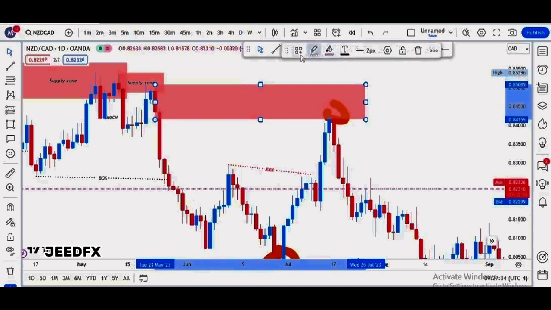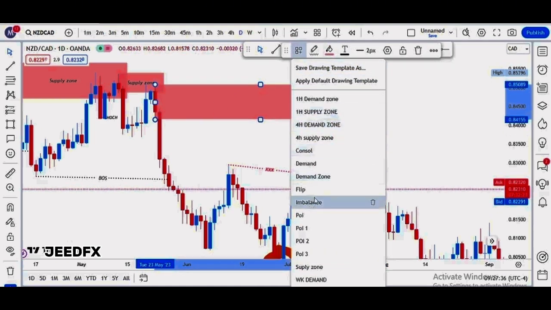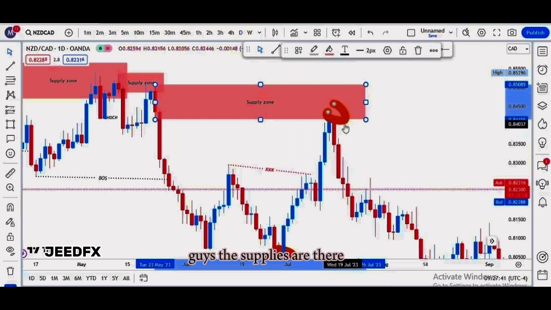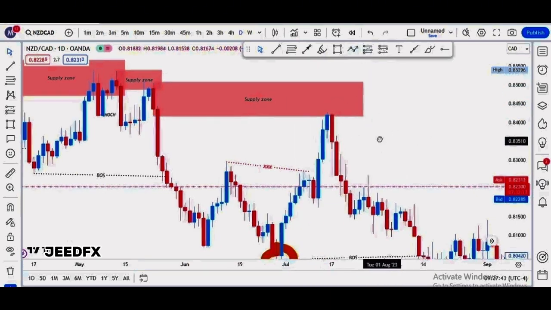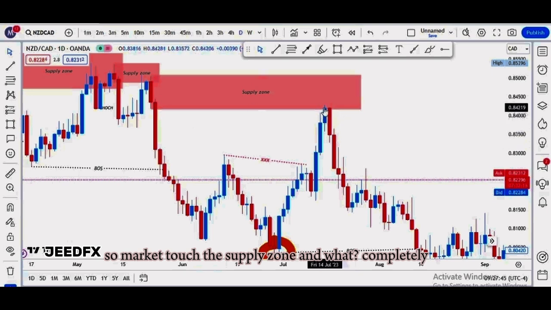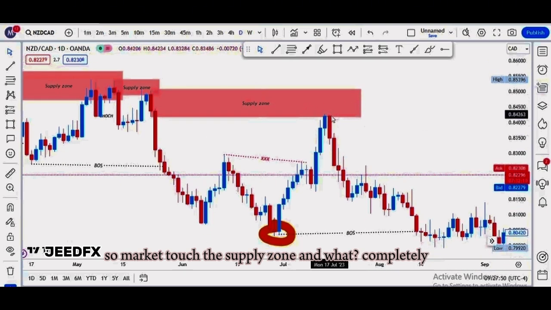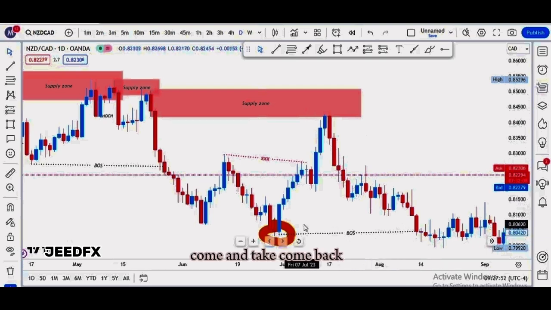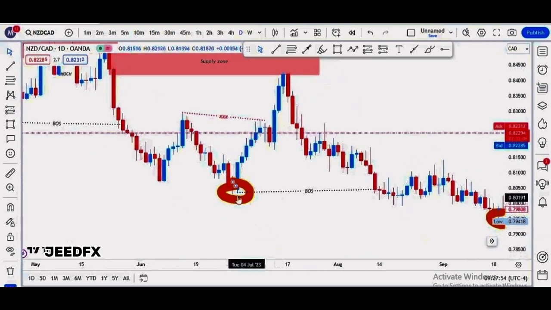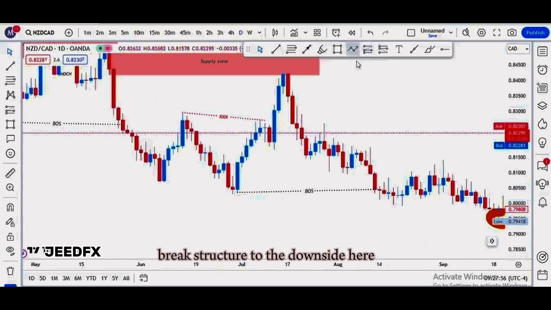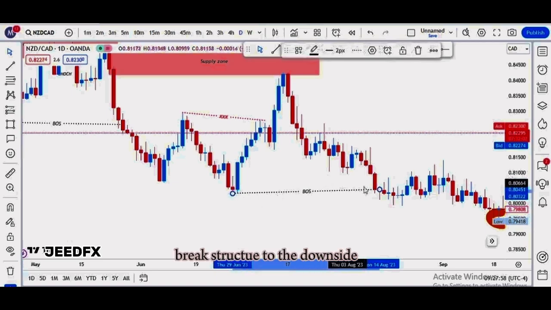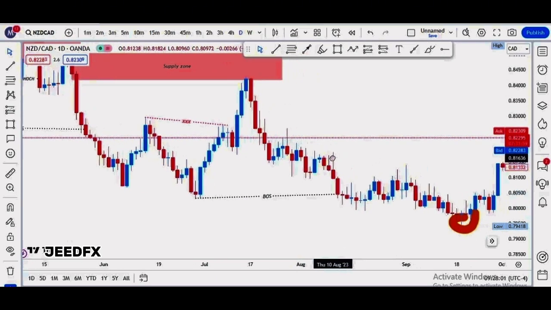That is our supply zone there. So market touched the supply zone and what? Completely came back and broke structure to the downside.